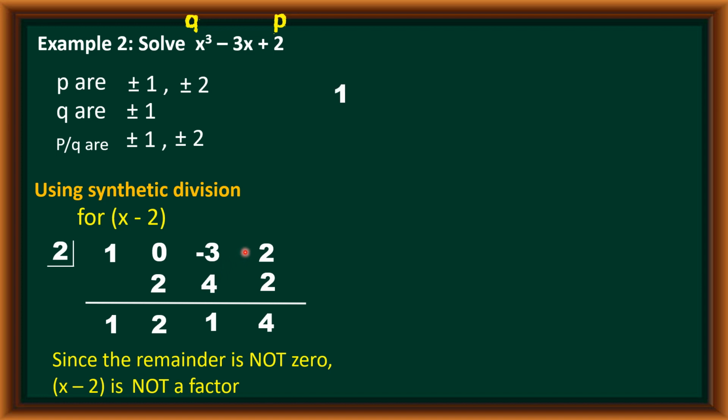Try natin yung iba. So, ulit, 1, 0 para sa x squared. Para sa x to the first is negative 3. Para sa constant ay 2. Try naman natin for the divisor x minus 1. So, ilalagay natin sa labas, kung negative 1 yan, positive 1. Okay?